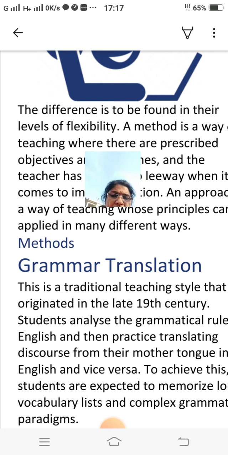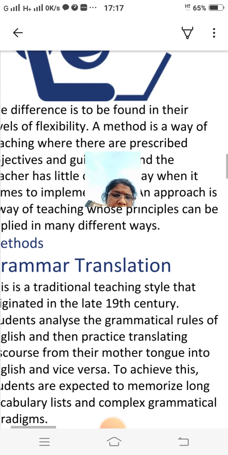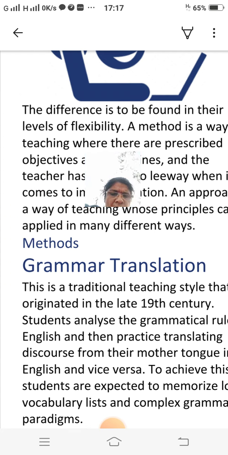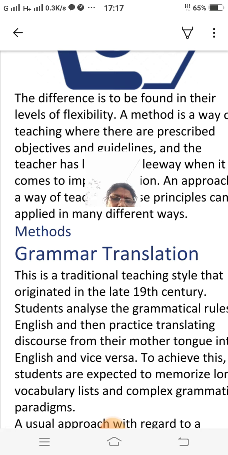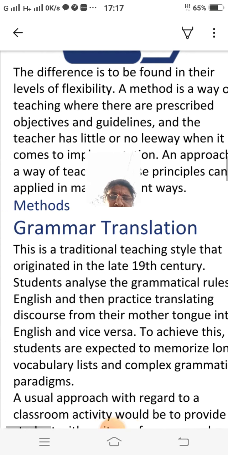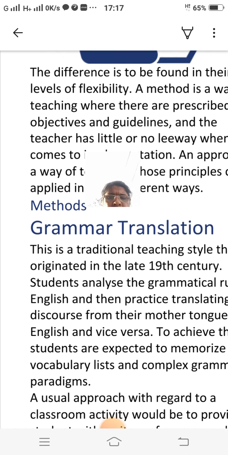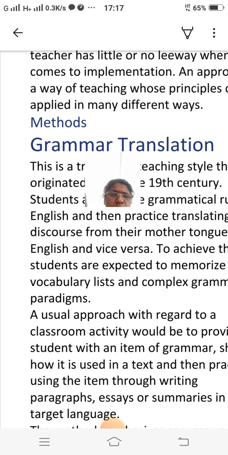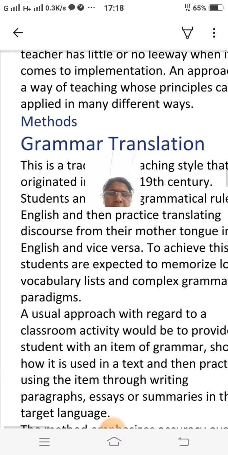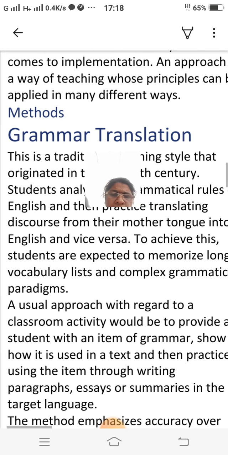To achieve this, students are expected to memorize long vocabulary lists and complex grammatical paradigms.